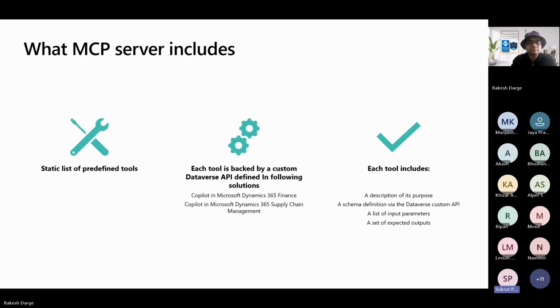Each tool is backed by a custom Dataverse API, and those APIs are part of the Copilot for finance and supply chain solutions in Dataverse. The tool is self-explanatory. It has a description, a schema, a definition through a Dataverse custom API, a list of input parameters, and the expected output you are going to get out of those tools.